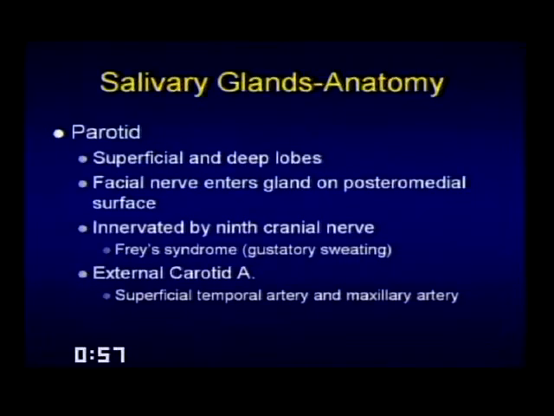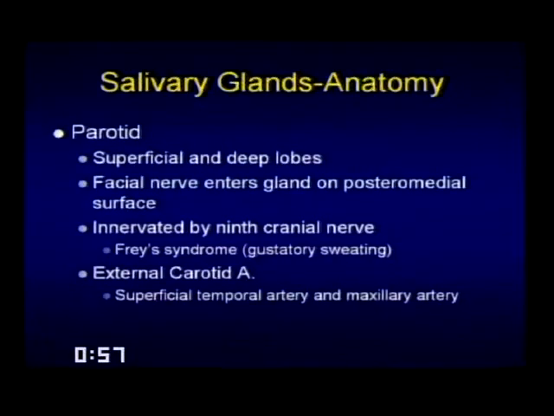The innervation of the gland is by the 9th cranial nerve, and this is important because of something you may see or hear about called Frey's syndrome, which frequently pops into the board exam, which is gustatory sweating. This is a result of post-surgical change.